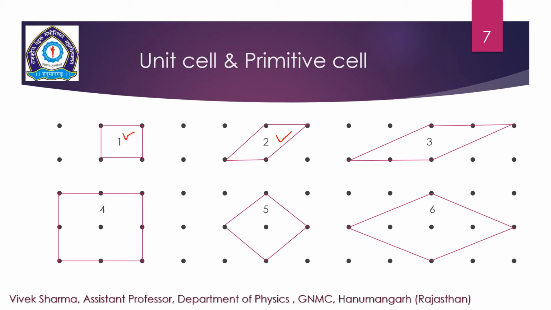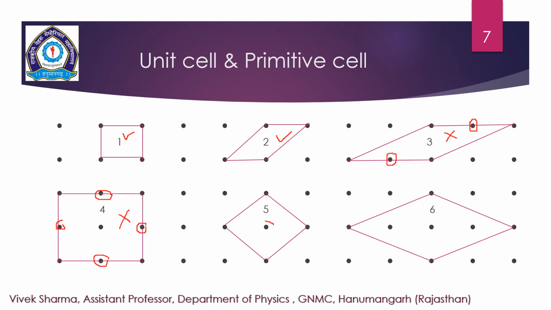Number three is not a primitive cell, due to these two atoms, or two lattice points. Unit cell number four is not a primitive cell because these four atoms are there which are not at the corners. So this is not a primitive cell.